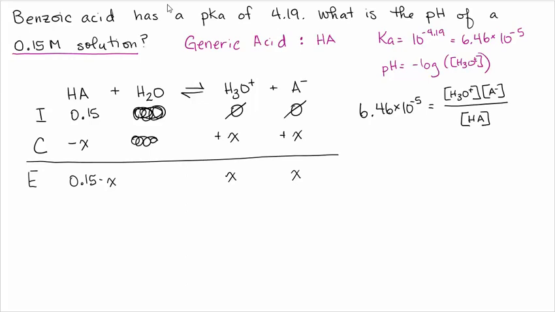That's where x goes. So to make our lives easy, to simplify the math, we're going to assume that at equilibrium, that's going to stay about 0.15.